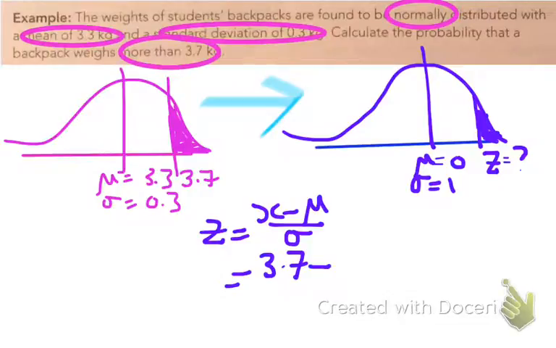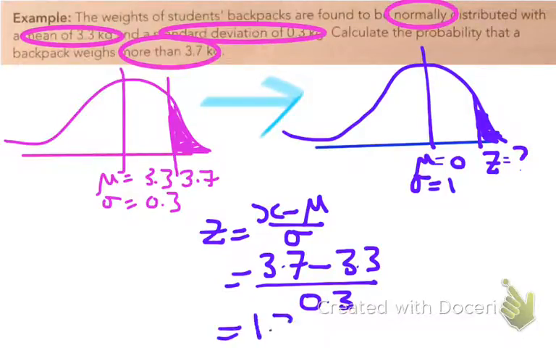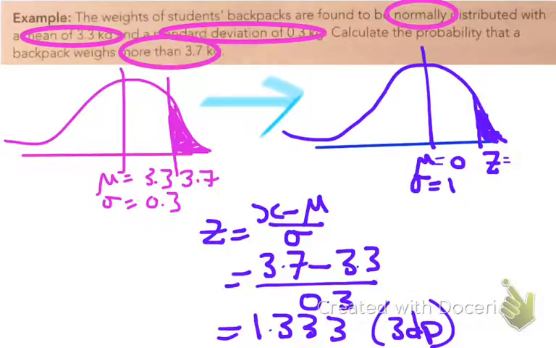Take away the mean of 3.3, divide that by our standard deviation of 0.3, and that is going to give us a z score of 1.333 to 3dp. So that tells me that my z value over here is actually 1.333, and we want to know the probability of being above that value.